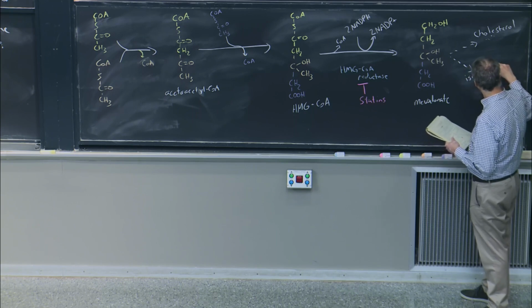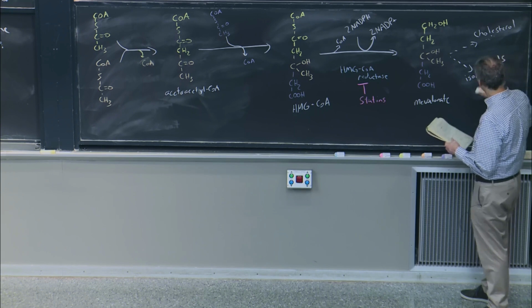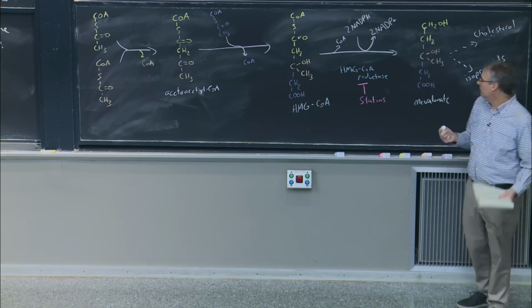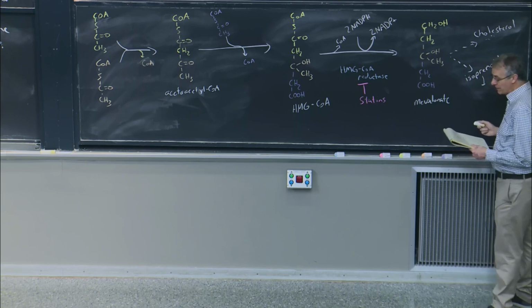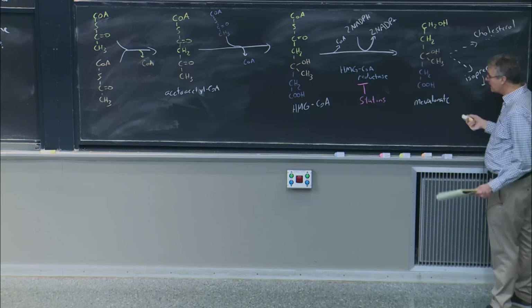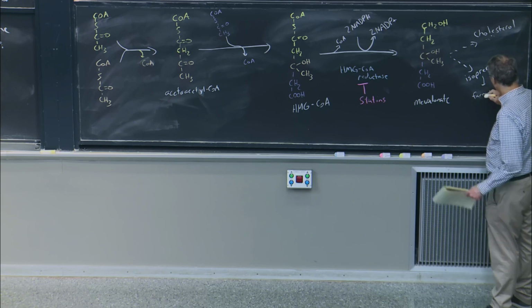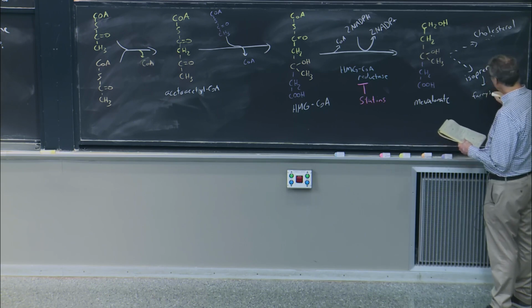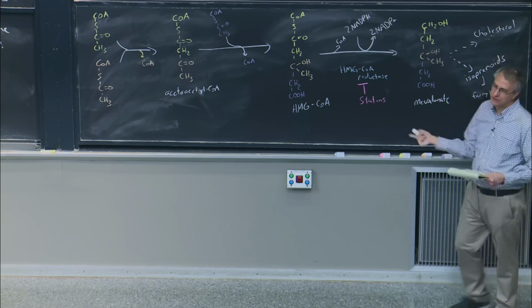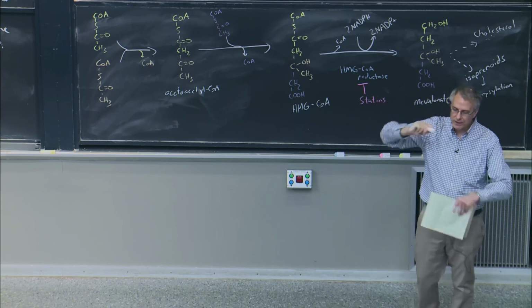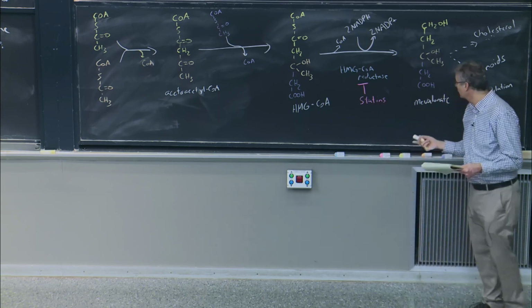It's also used to make a class of molecules called isoprenoids. Isoprenoids are important, and you'll encounter them if you study signaling or anything like that, because these make things like the farnesylation lipid modifications that are oftentimes added to membrane-associated proteins like signaling proteins.